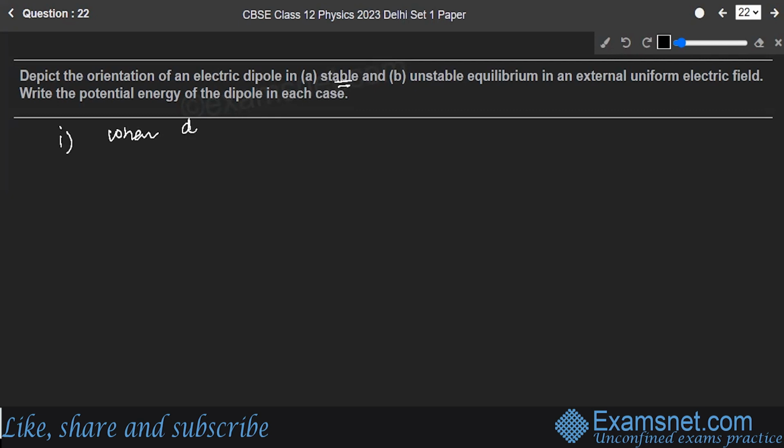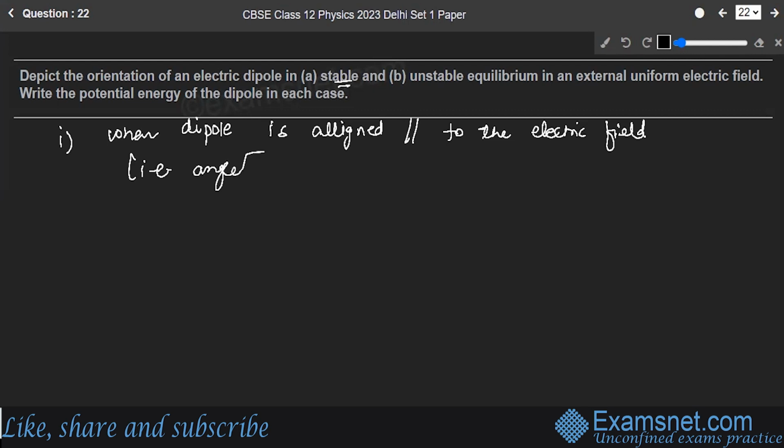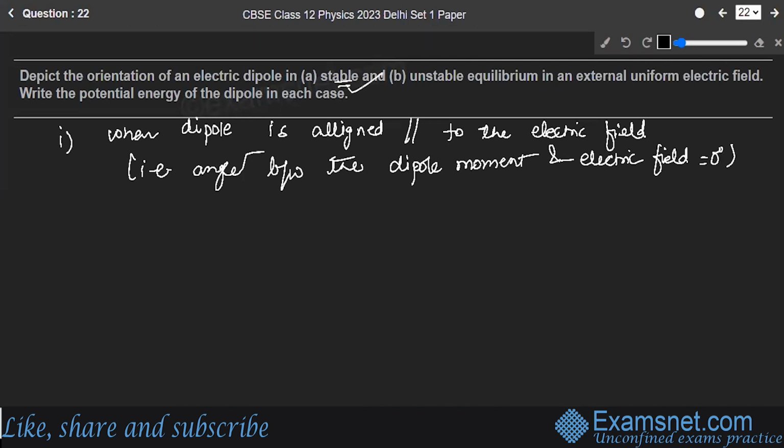When the dipole is aligned parallel to the electric field, that is the angle between the dipole moment and electric field is zero, then the dipole is said to be in the stable equilibrium.